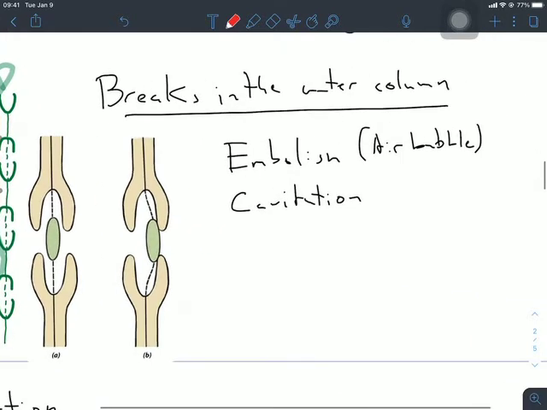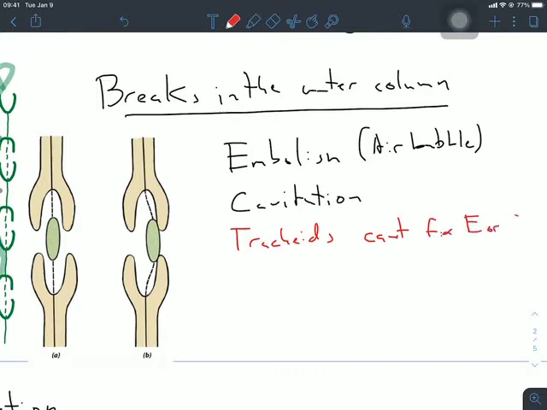Now, tracheids typically can't fix embolisms or cavitations. Once an air bubble is introduced, the vast majority of plants with tracheids cannot reintroduce water to fill in that gap, which seems really weird, right? When we need to fill in an air bubble in our water column, we just keep forcing more water through and it'll take care of that air bubble.